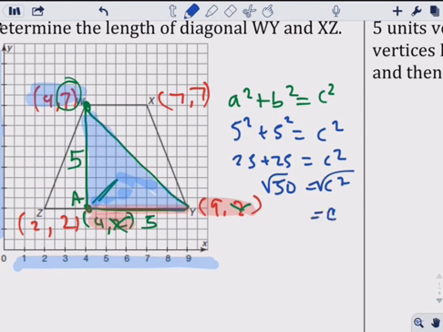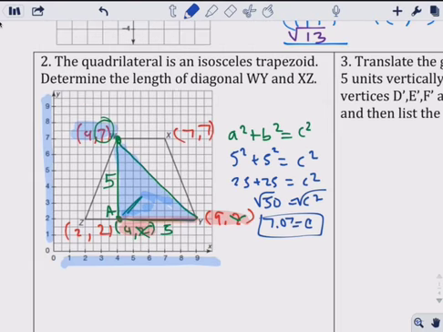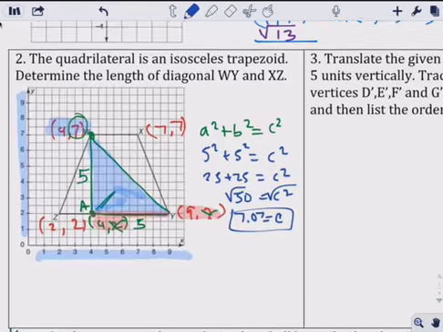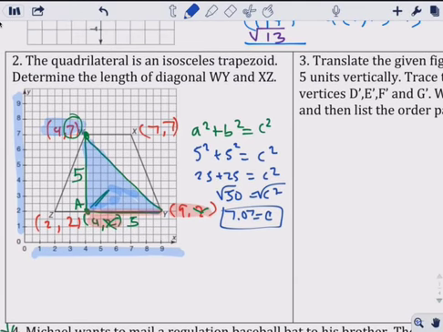Square root of 50 is close to 49. Square root of 49 is 7, so it's probably 7.07 from what I can remember. 50 is closest to 49. It's very close to 49. I believe that's the length. Okay, that's this diagonal between W and Y.